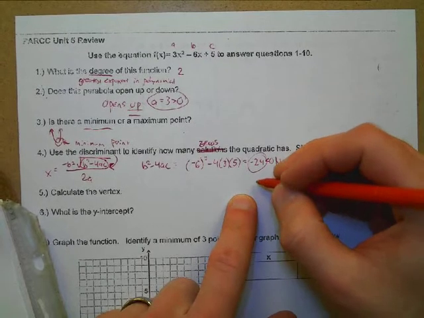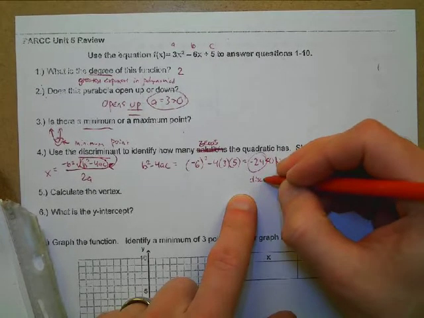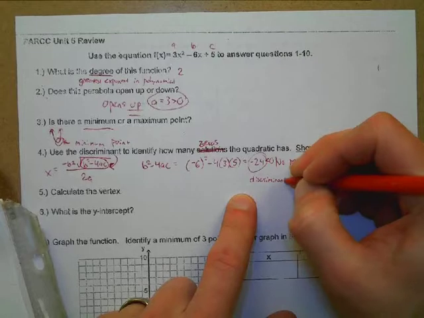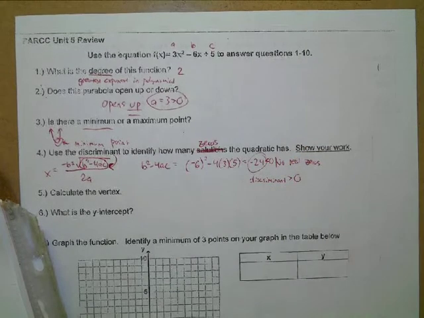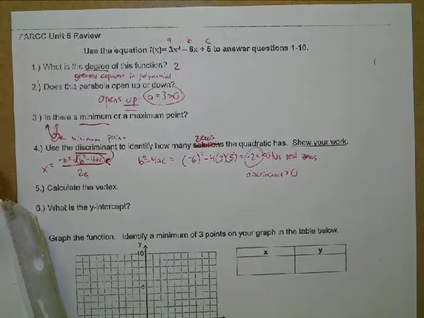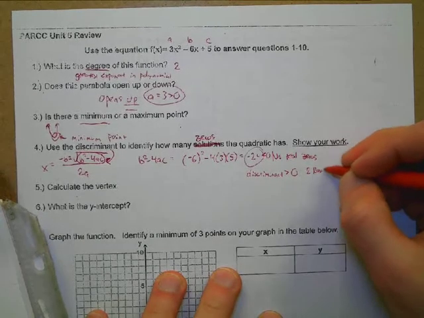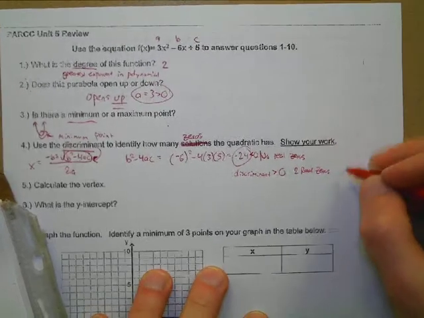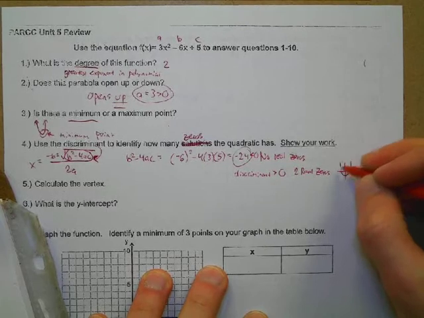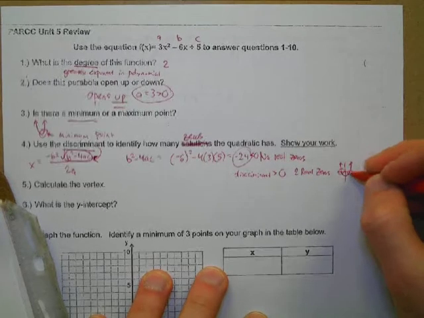If the discriminant is greater than 0, if our discriminant is positive, how many real zeros do we have? If we have a positive discriminant, how many zeros do we have? 2. Okay, remember that looks like this. Okay, there are 2 real zeros.